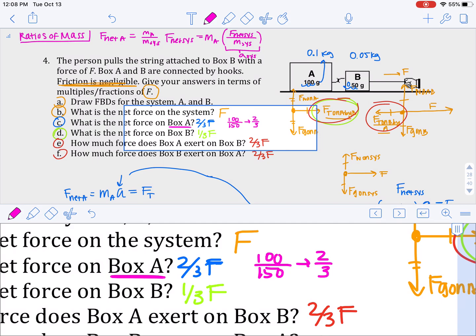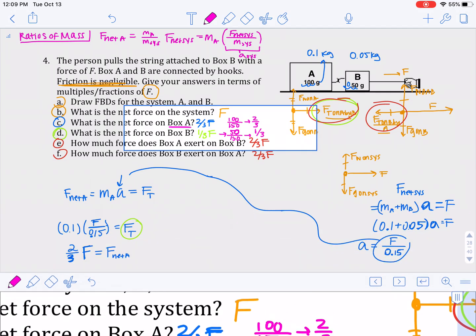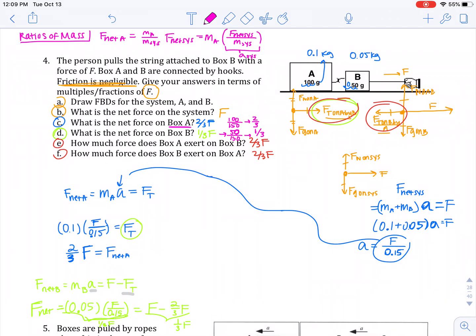Force on box B, we have 0.05 or 50 grams divided by 150 of our total system. That is 1/3. And then it's times that total net force on our system. So that's just another way to think through these types of problems, these block problems.